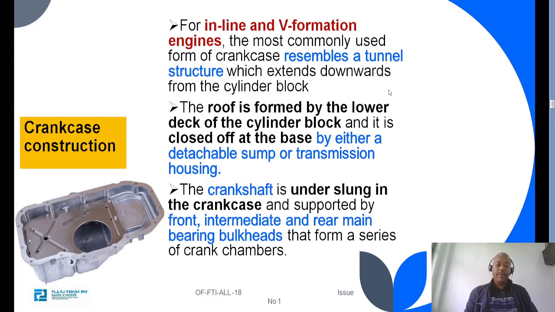The roof is formed by the lower deck of the cylinder block, and it is closed off at the base by either a detachable sump or transmission housing. The crankshaft is underslung in the crankcase and supported by front, intermediate, and rear main bearing bulkheads that form a series of crank chambers.